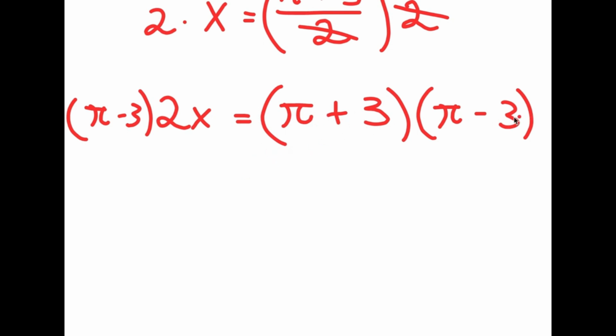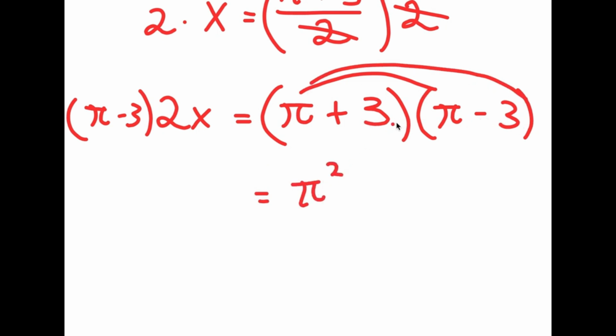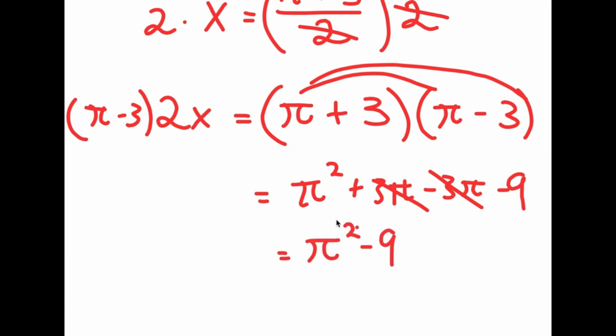Now, for (pi plus 3) times (pi minus 3), I'm going to distribute the pi, so I get pi squared plus 3 pi minus 3 pi, which simply cancel out. And then I have minus 9 at the end. So I can just say this is pi squared minus 9. And for my left-hand side, I can distribute the 2x, so I get 2x pi minus 6x.